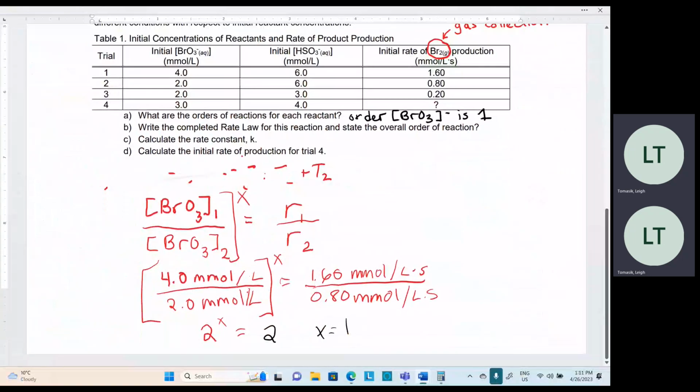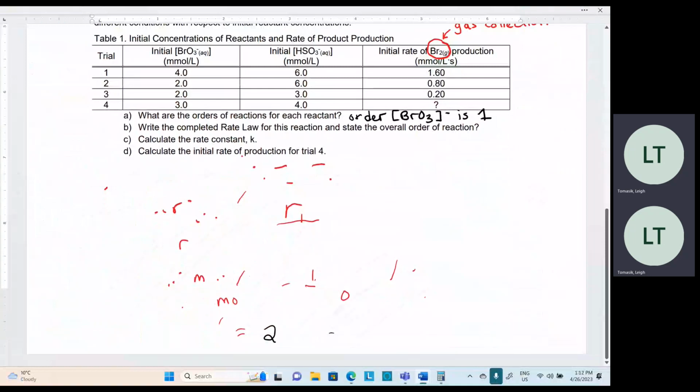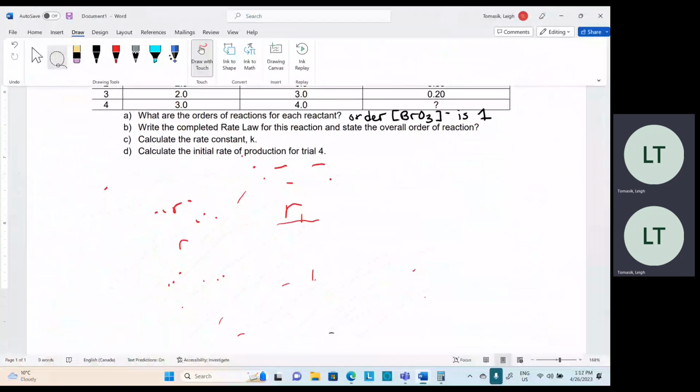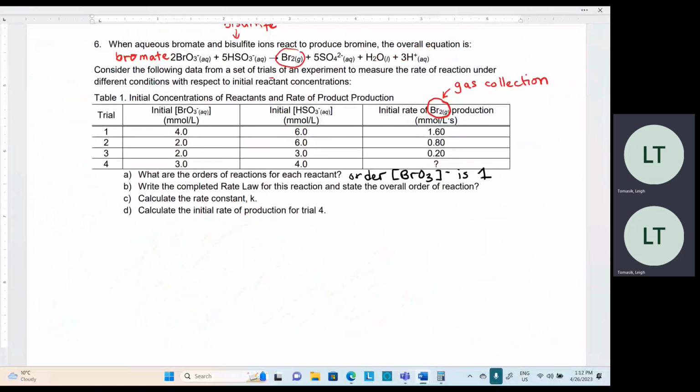And then we're going to do the same thing. There's gotta be a faster way to do this. Delete. There we go.